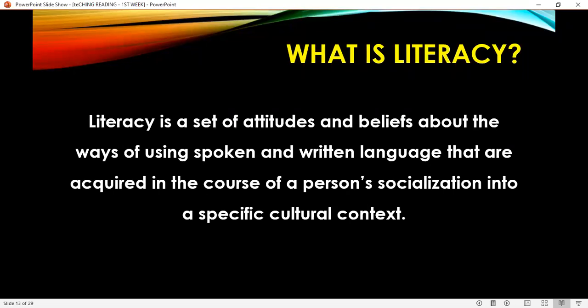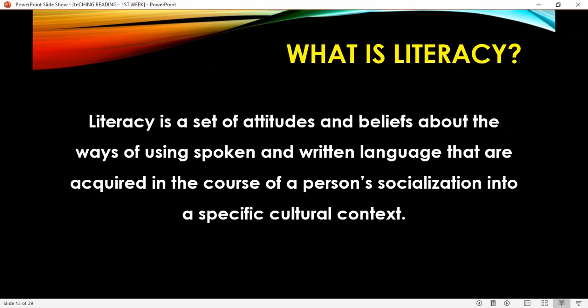Remember, attitudes and beliefs that we are going to show about the ways of using a spoken and written language. So what we speak, what we read, what we listen, this is literacy. So how do we acquire this? When we socialize into a specific cultural context.